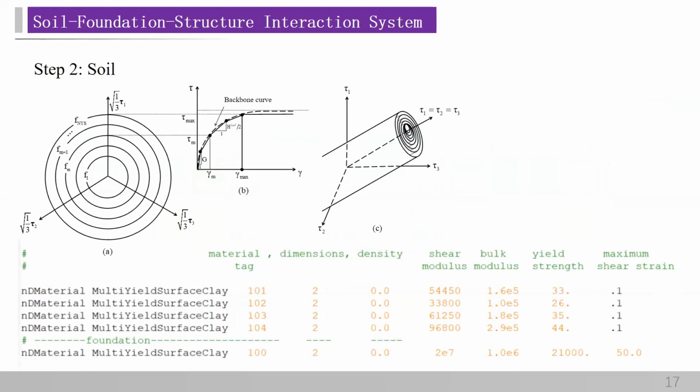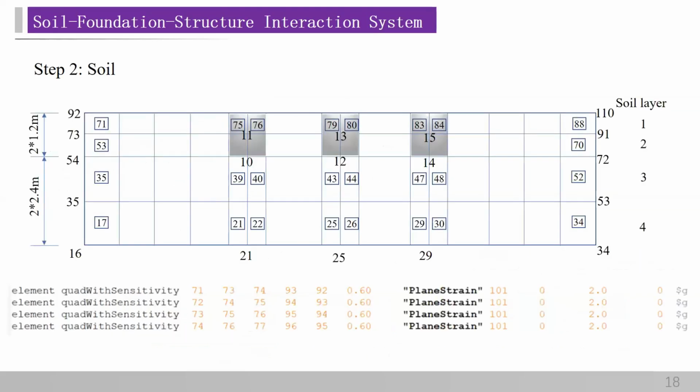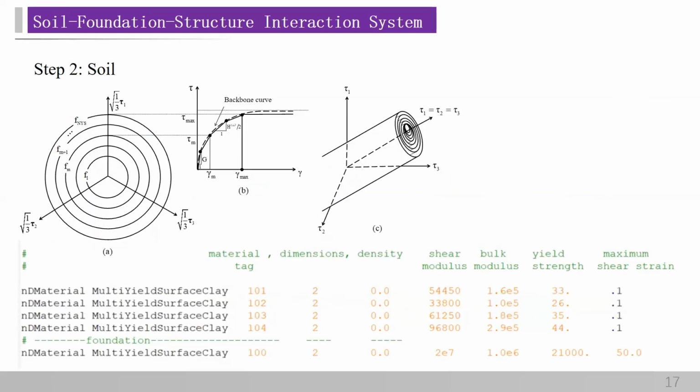No matter how you change the material density, the material density is not considered in OpenSees. However, when you use the quad element and the material density is 0, the program may have something wrong.